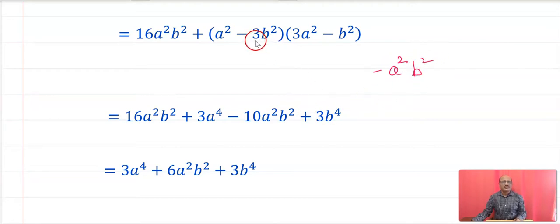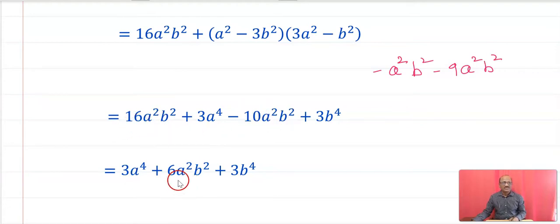The next is −3b² into 3a², then you will get −9a²b², and overall you will get −10a²b² + 3b⁴. If you simplify this again, you will get 3a⁴ plus 16a²b² minus 10a²b².